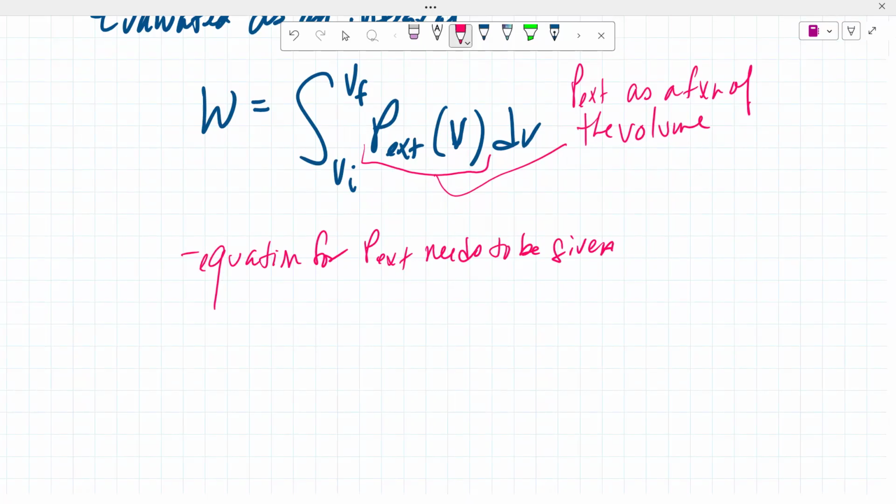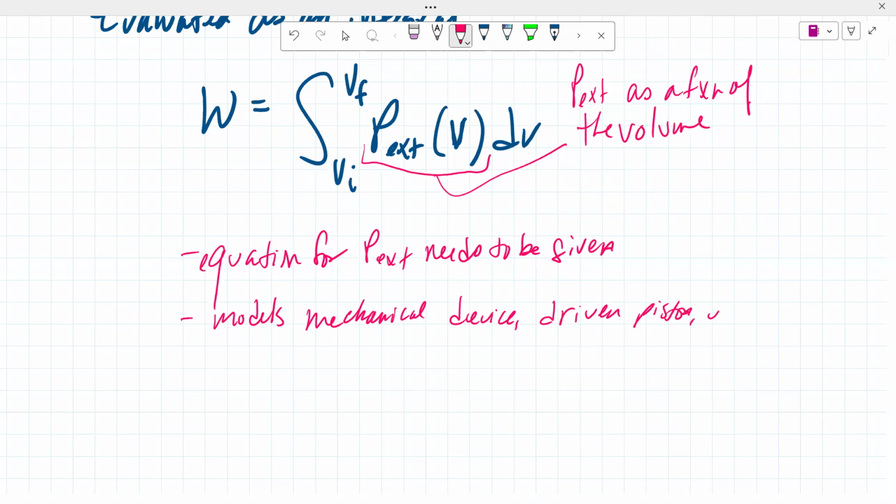And this could model a mechanical device, like a driven piston. This never made sense to me when I was studying thermodynamics, because I was always thinking, well, how does the atmospheric pressure actually get all that much different?